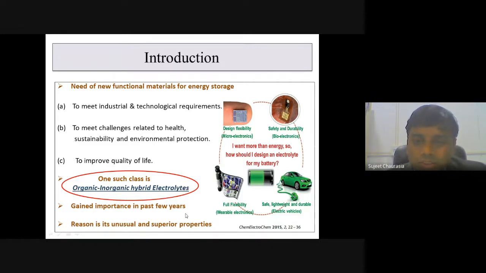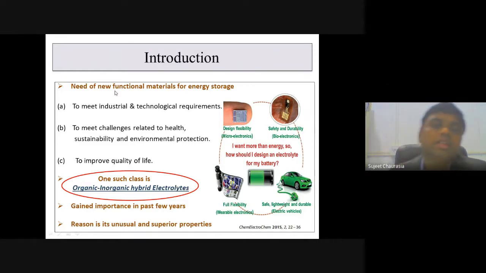basically depends upon the materials used in their power sources. Therefore, the performance of electrochemical devices is mainly dependent on the electrolyte material, because the transportation of the ions takes place through these electroactive electrolyte materials.